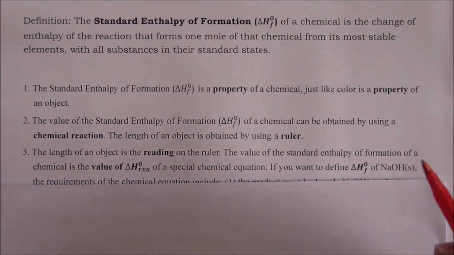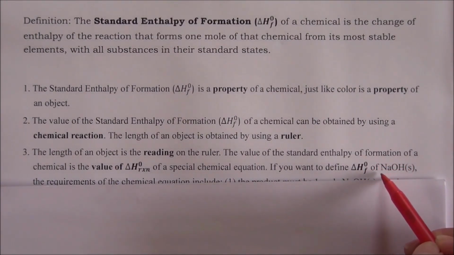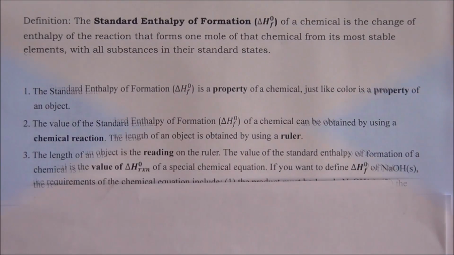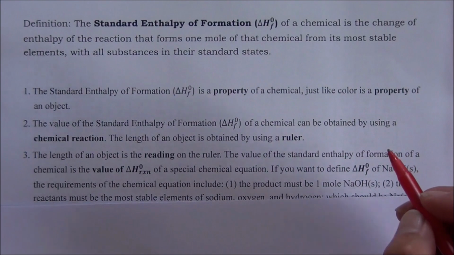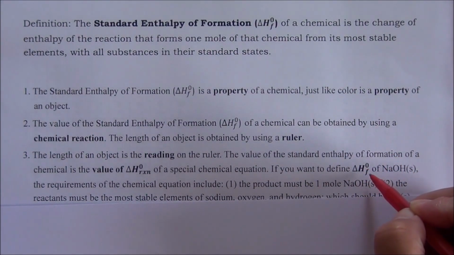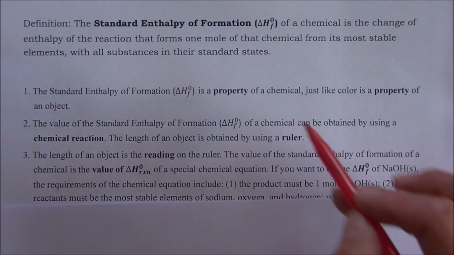As we just learned, if you want to find the standard enthalpy of formation of sodium hydroxide solid, you have to find a chemical reaction first. The chemical equation that defines the standard enthalpy of formation of a chemical must meet 2 requirements. The first requirement is the requirement of the product.